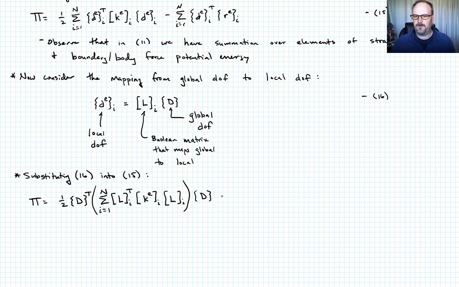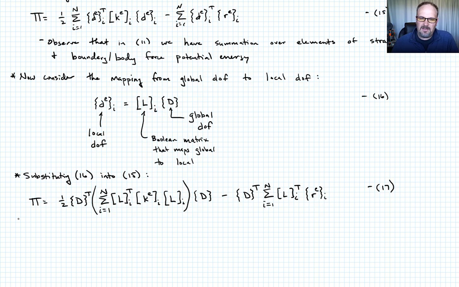So that's the first term when we make that substitution. And then I'm going to say minus, I'm going to pull out another D transpose, times the sum from i equals 1 to n, L_i transpose times R^e_i. Right? Let's call that equation 17.